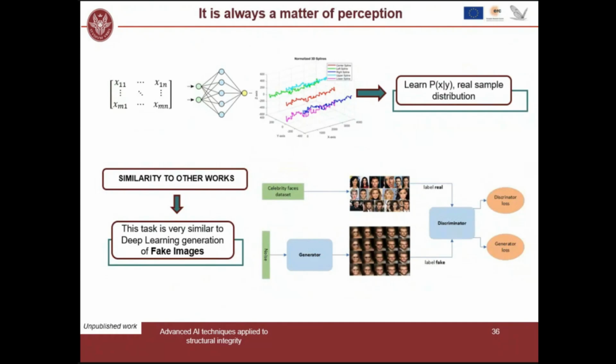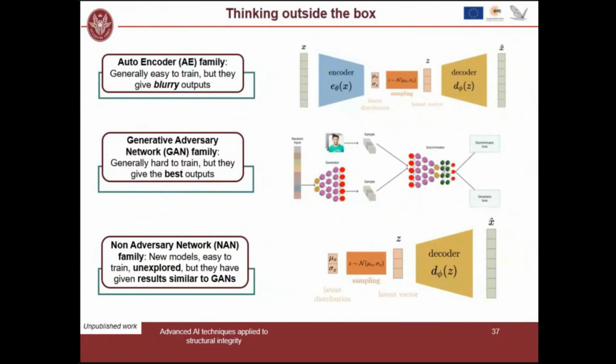Technically, we are trying to learn the distribution of trajectories associated with the strut. This is similar to the generation of fake images, but not the same, because here we are dealing with sequences. There wasn't very much literature about it, honestly, so we had to improvise a little bit.